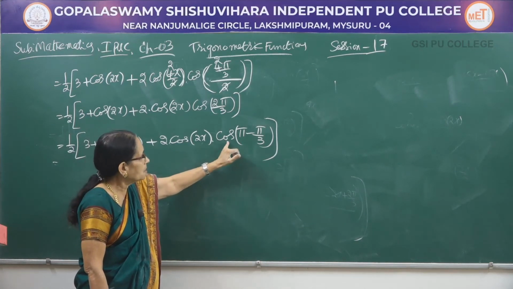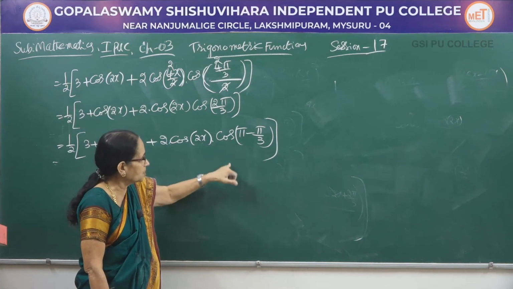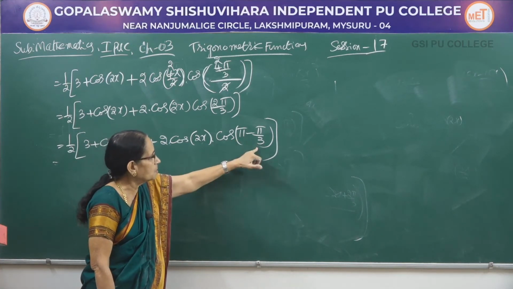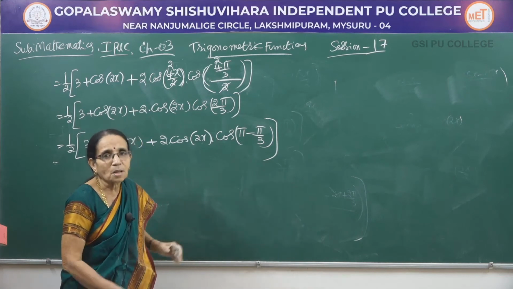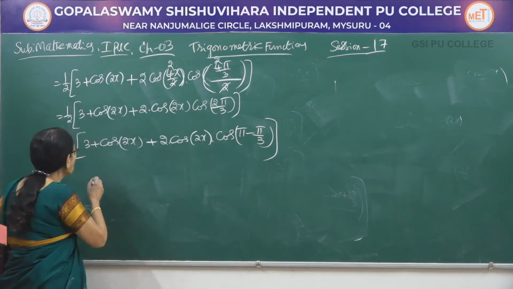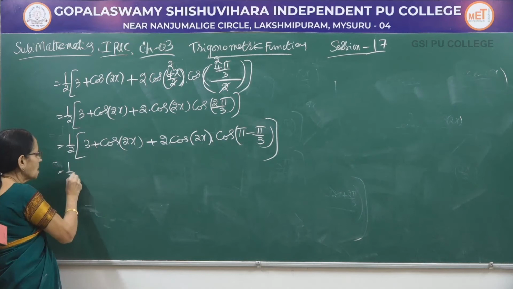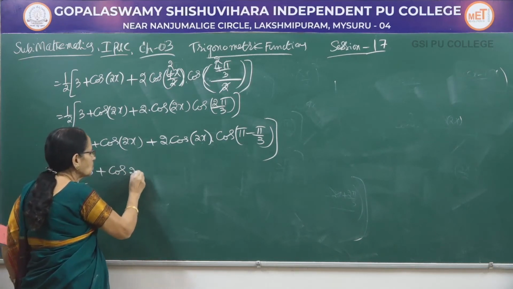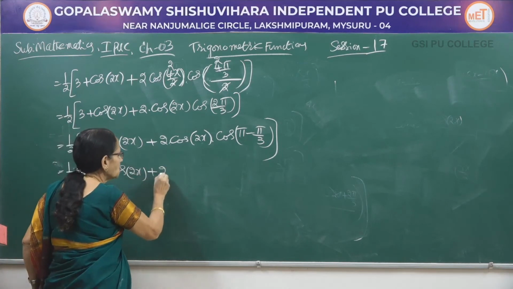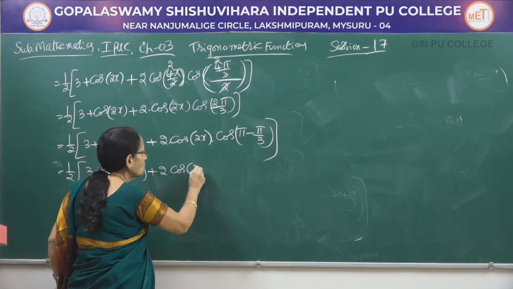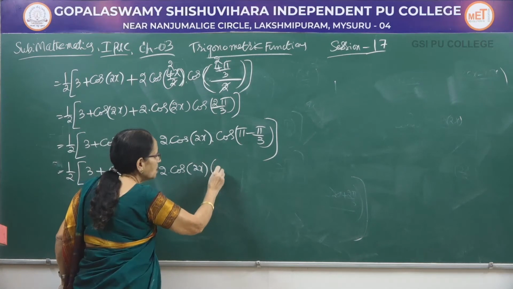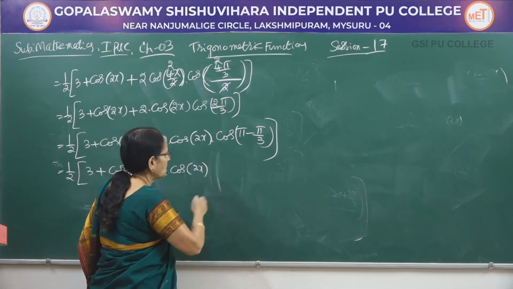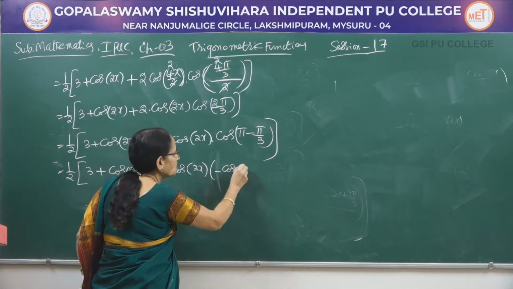And here the sign is minus, same function continues, and cos of pi by 3, cos 60 has the value half, 1 by 2. So let me write that. It is half of 3 plus cos of 2x plus 2 into cos of 2x into, if you write one more step, better, minus cos pi by 3.